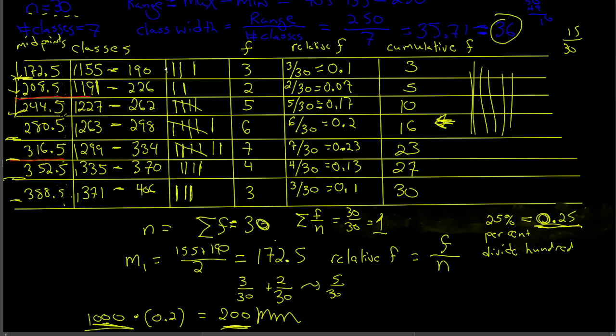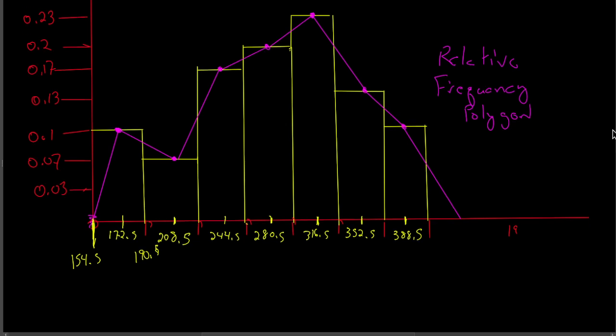What it says is we want to get rid of this gap between 190 and 191. So I'm going to make a quick little table of the class boundaries down below and label it on my histogram. I started with 155 to 190, 191 to 226, 227 to 262, 263 to 298.